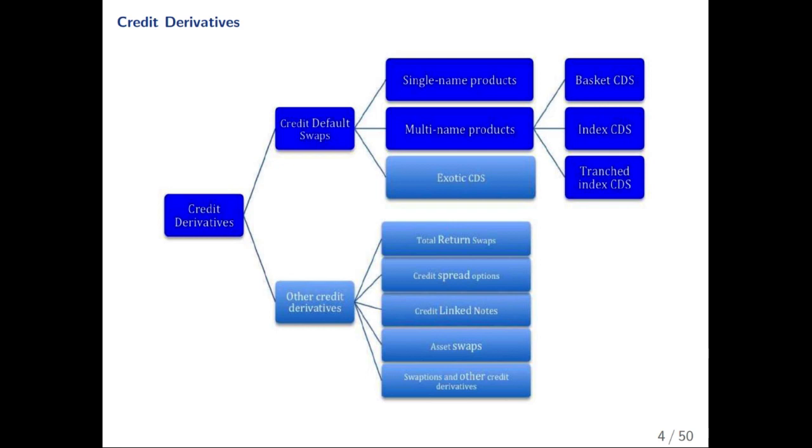Single name credit default swaps are exactly what you think they might be. They're credit default swaps written on single entities. So for example, a credit default swap on IBM, a credit default swap on you name it. And there are also credit default swaps written on multiple names. We're going to be looking at that in the future.